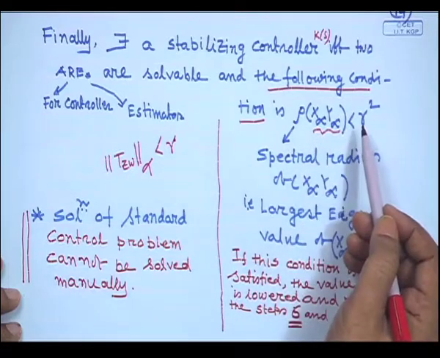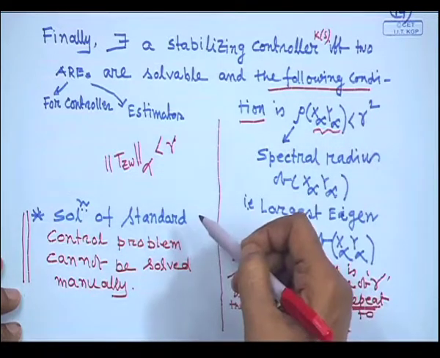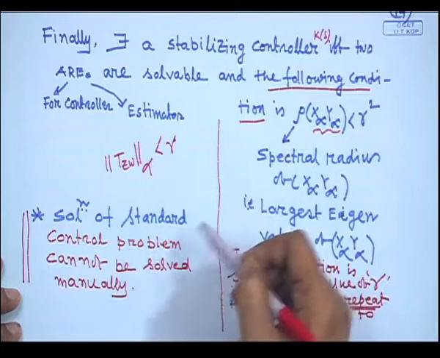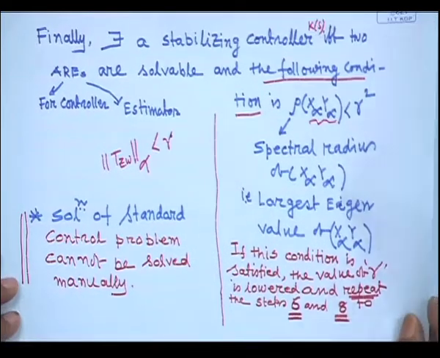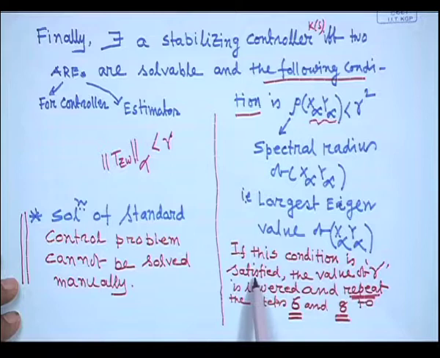If it is less than this one, you reduce the gamma further. In this way you go on until you are no longer able to reduce the value of gamma, agree. So, if this condition is satisfied, repeat steps 6 and 8.